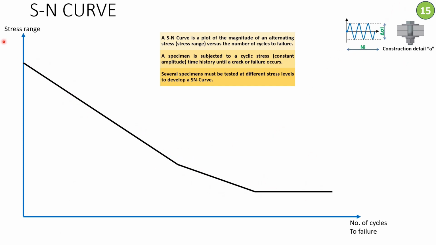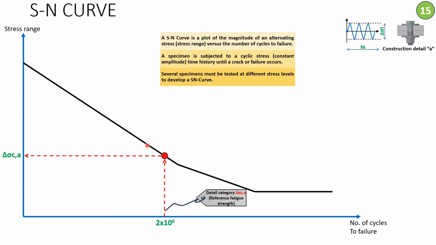The newborn curve requires a name. The fatigue community agreed upon naming the S-N curve after the maximum stress range that caused failure at 2 million cycles, and calling that the reference fatigue strength or detail category, and tagging the S-N curve for this specific construction detail with this stress range.